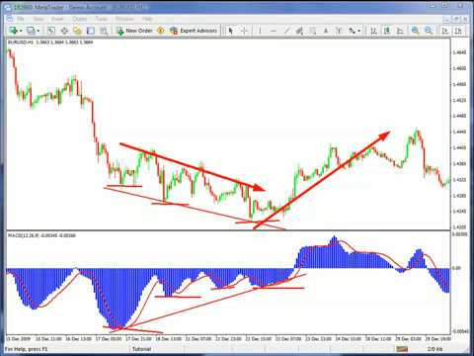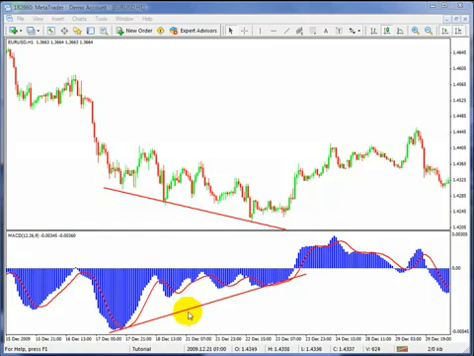If you draw this line right here, and let me highlight the line I'm talking about, if it's in an up direction and we have a down direction on the actual chart, this line is an up direction, and therefore this is bullish divergence, and we can expect a possible reversal in the market from bearish to bullish. Because it's a bullish divergence, we can expect a reversal going from bearish to bullish.